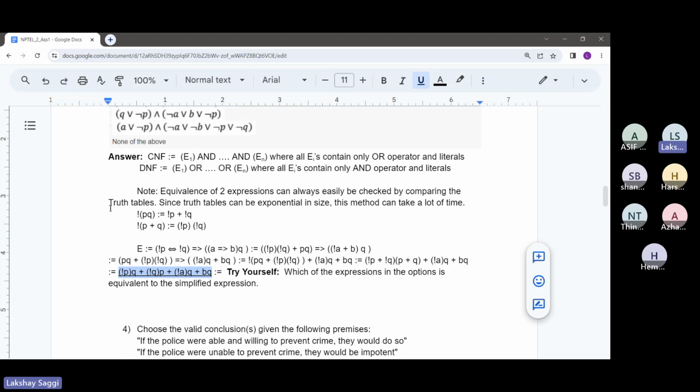Suppose we are given this expression E and we want to see at what Boolean values E will be true. I've simplified E to this expression. Now if I want this expression to be true, then since these are multiple additions, at least one of these terms must evaluate to true.